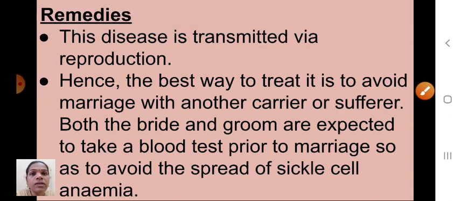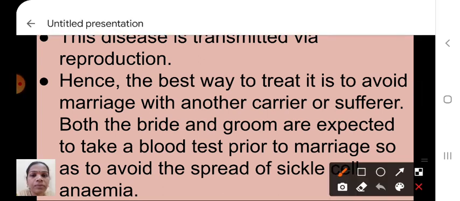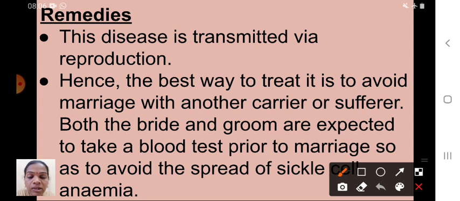Here, children, some remedies. This disease is transmitted through reproduction. Those who are affected by sickle cell anemia, from that person it will come to the next generation.